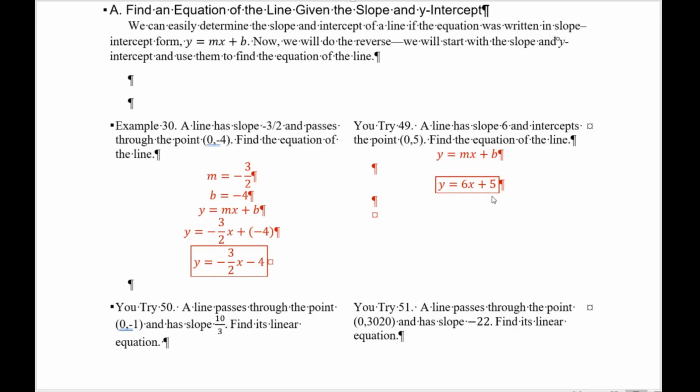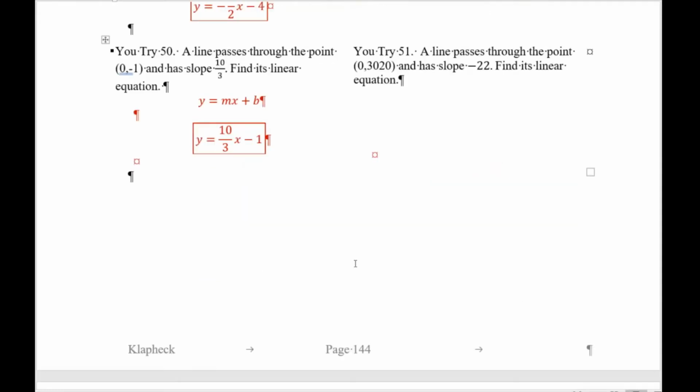And you try 50. A line passes through the point 0, -1 and has slope 10/3. Find its linear equation. Pause here and try it on your own. Here, y equals mx plus b is still a great form because we're given a y-intercept and the slope. Although I need to simplify, adding -1 changes into subtraction of 1.